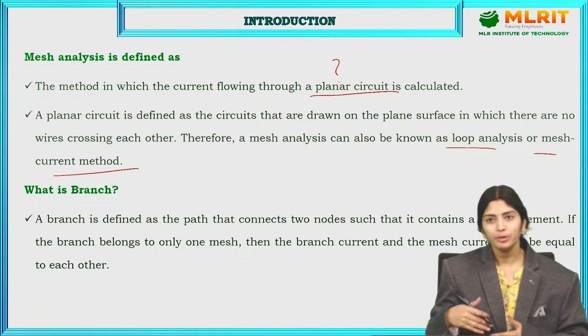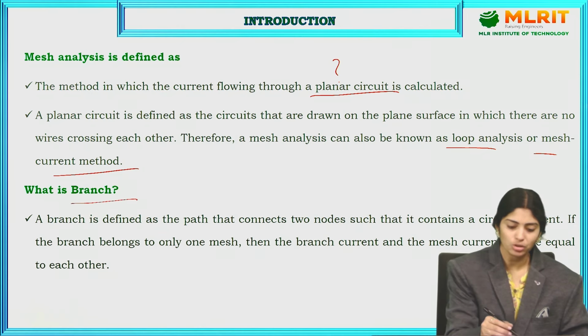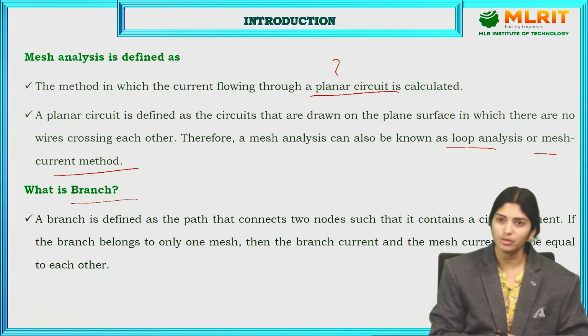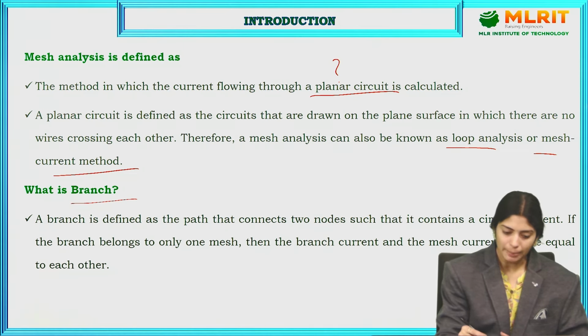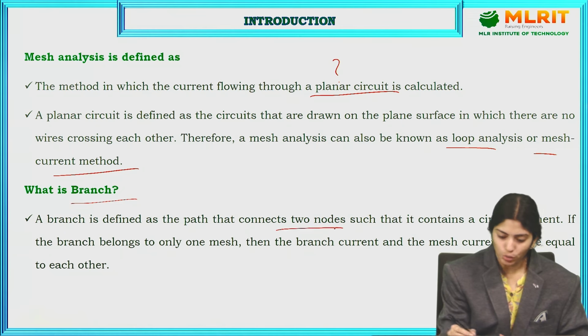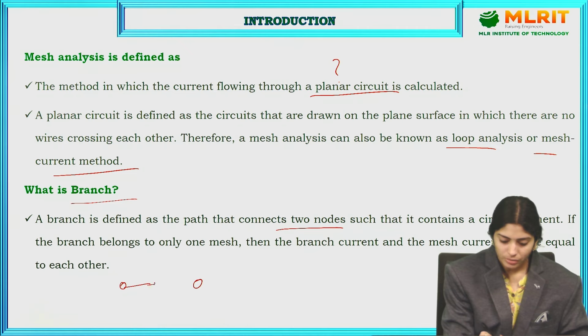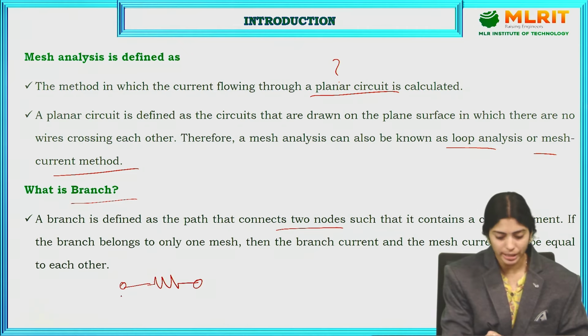Before going to the method of using mesh analysis, we have to learn about the branch. What is a branch? A branch is defined as a path that connects two nodes and contains circuit elements. For example, let us suppose this is one node and this is another node, and one resistor is joining these two nodes. So this is one branch.